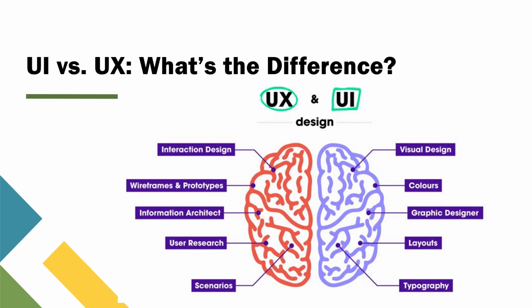Now, what is user experience design? UX design, on the other hand, focuses on how people interact with the product and their overall experience. This is going to include usability, accessibility, user satisfaction, and navigation efficiency. User experience design is the process of making products, websites, apps, and services enjoyable and easy to use.